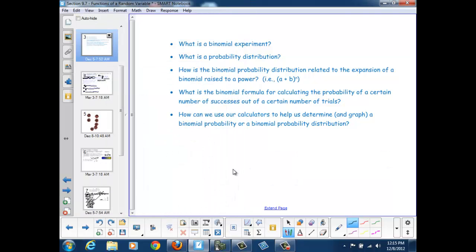And we can use that either on the home screen, or we could fill out a list with the entire set of probabilities.